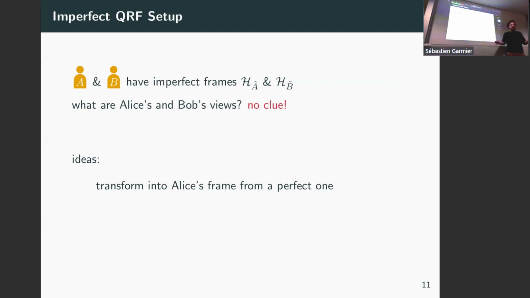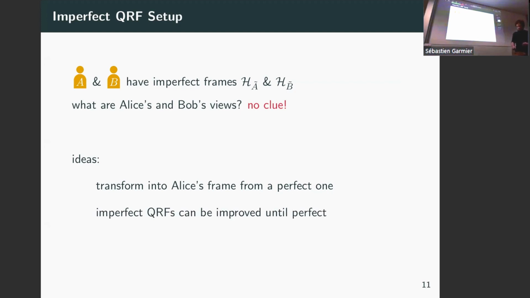It kind of makes sense. You might have one system that is actually a perfect frame, the other one might not be, right? So this certainly makes sense to assume. Of course, we have just offloaded the problem somewhere else. We don't know how to transform to an imperfect frame. We just know how to transform between perfect frames at this point. But this will be easy to solve, actually.